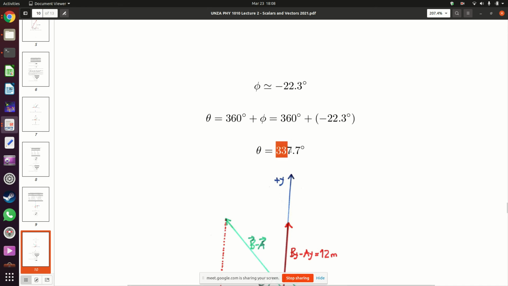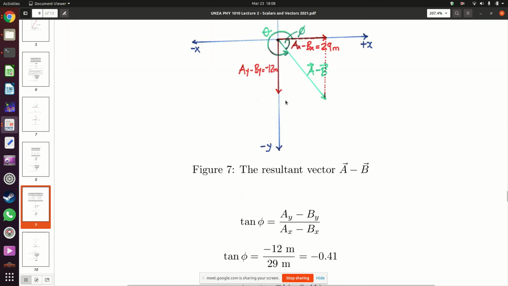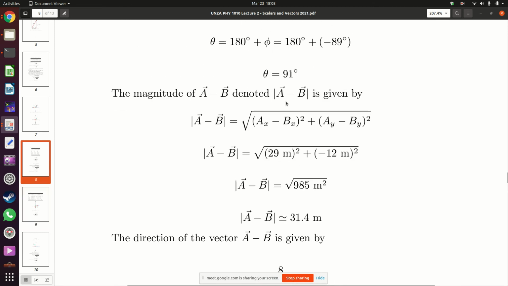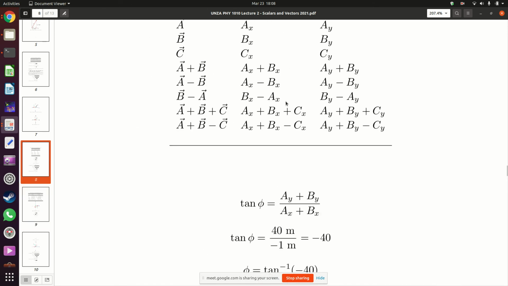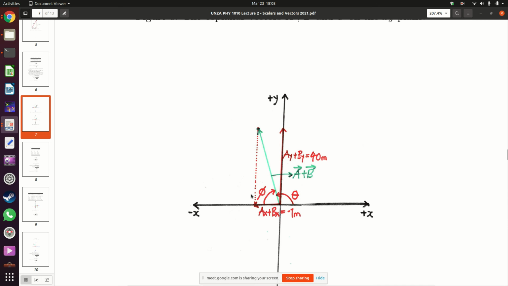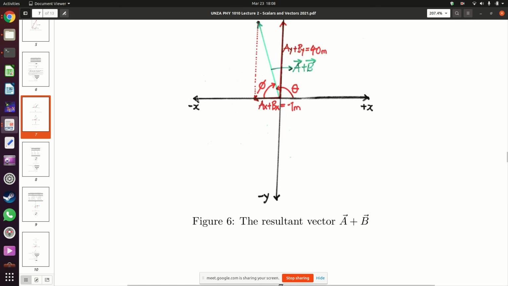That's how we end up with this. Previously, we were adding 180 degrees. It was negative here, so 180 degrees. Then, it's negative, so we start from this end, then we go that way.